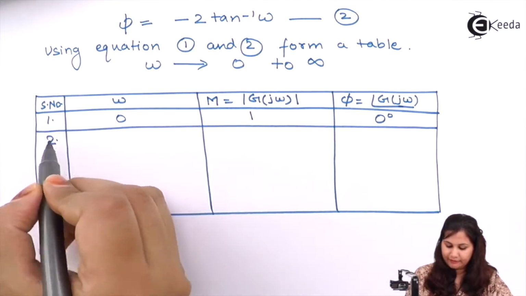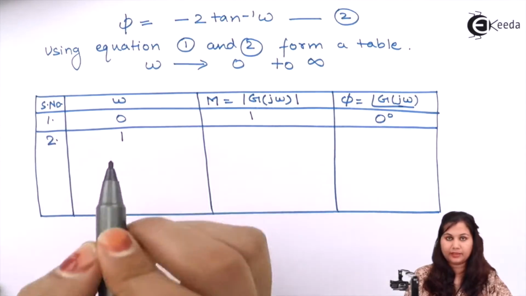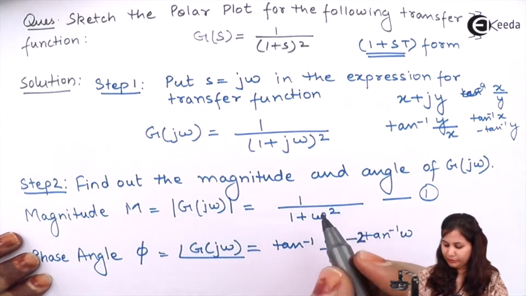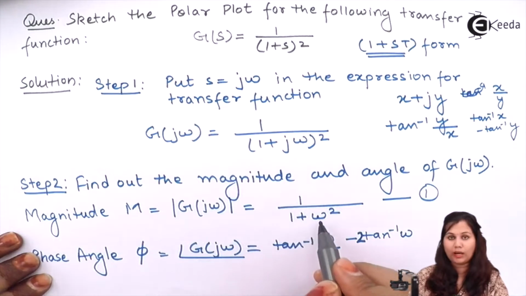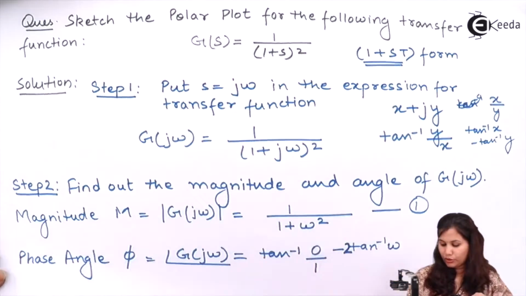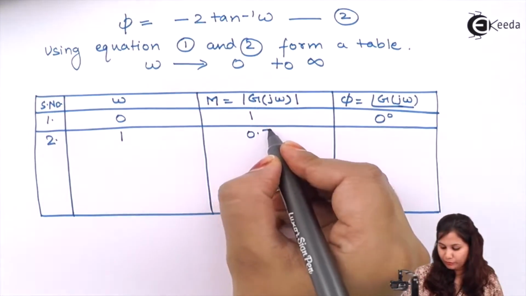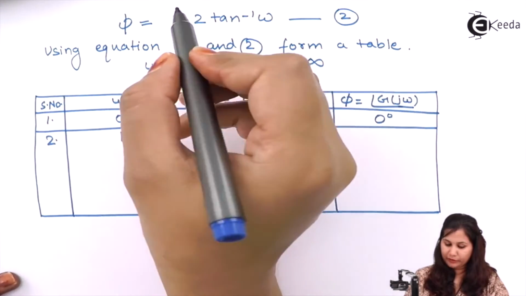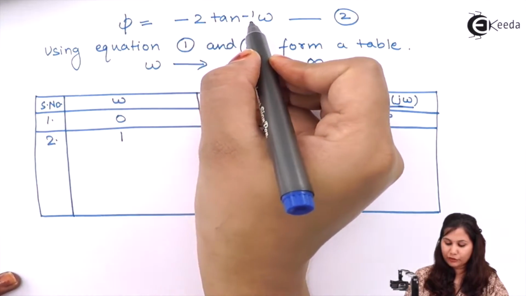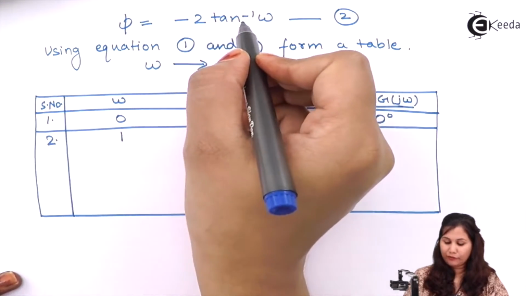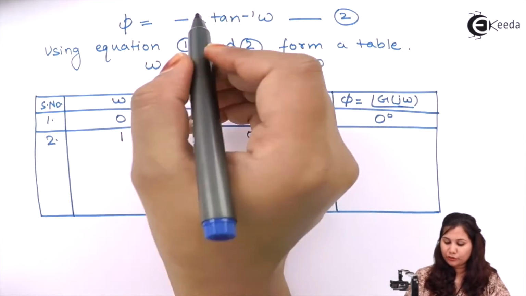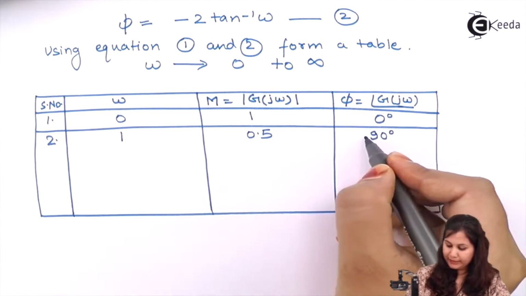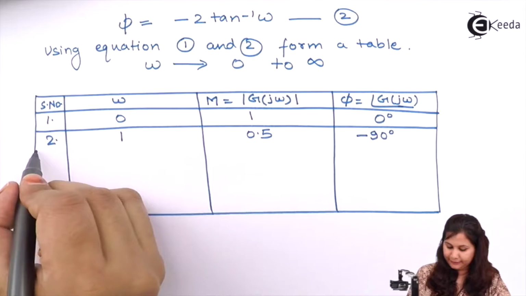Now let's take the second value of omega as 1. In the magnitude equation, it will be 1 upon 1 plus 1, that is 1 by 2, so the magnitude will be 0.5. In the phase equation, it will be minus 2 tan inverse of 1. Tan inverse of 1 is 45 degrees, so 2 into 45 is 90 degrees, so it will be minus 90 degrees.